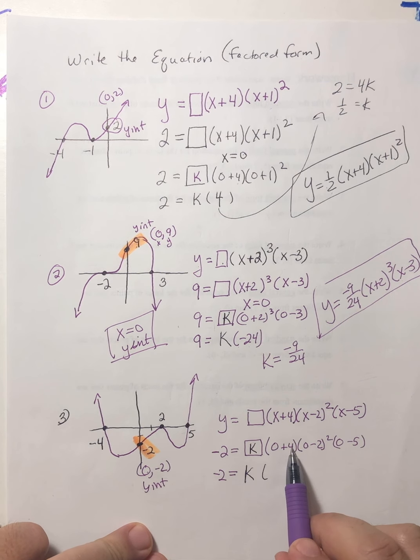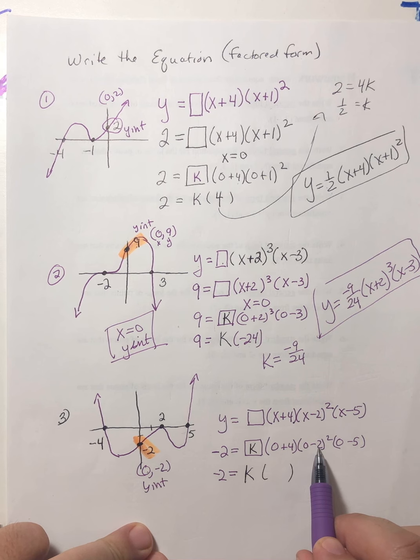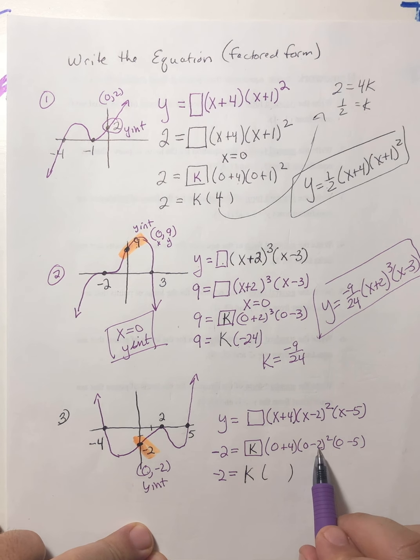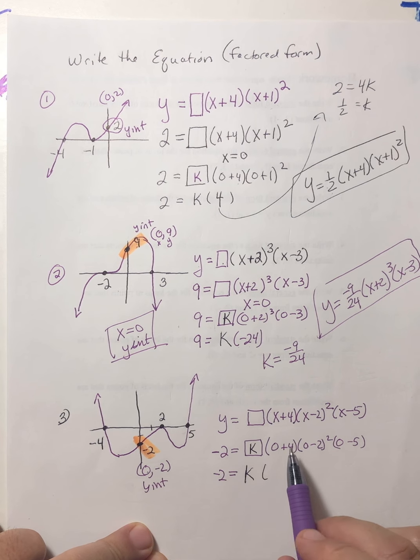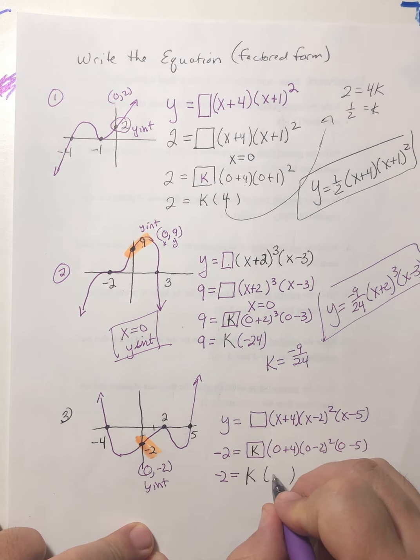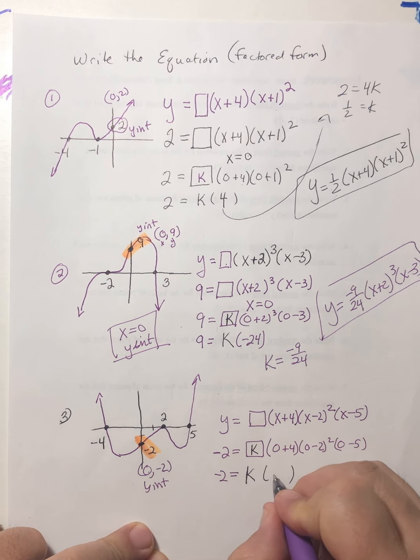Oh, what do we have? 4 times 4 is 20. Times a negative 5. Wait a minute, 4 times 4 is 16. Yeah, 4 times 4 is 16 times a negative 5 is going to be a negative 80.